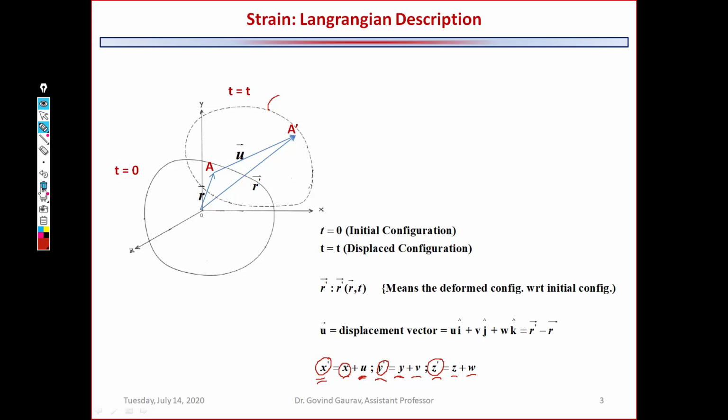So we have defined the displacement vectors as well as the new coordinates under the deformed configuration, which are x dash, y dash and z dash.